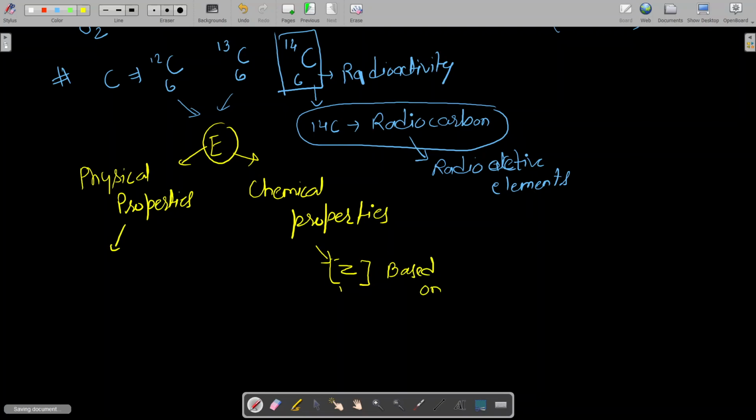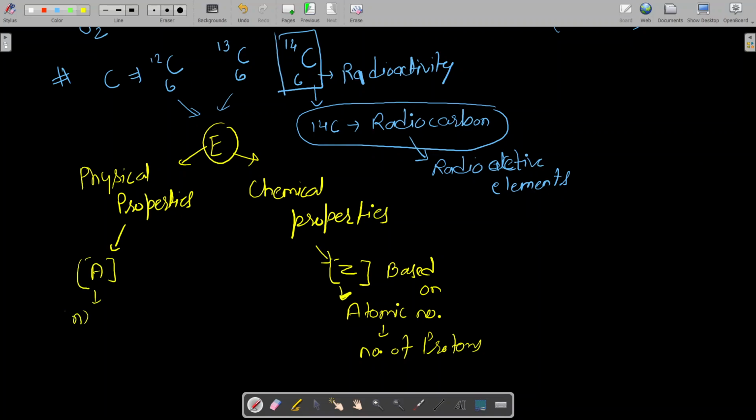That is your atomic number, and the atomic number is the number of protons, as we discussed. And physical properties are based on atomic mass, that means neutron plus proton.